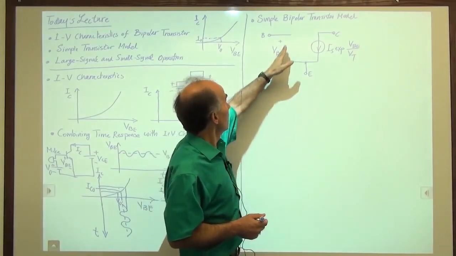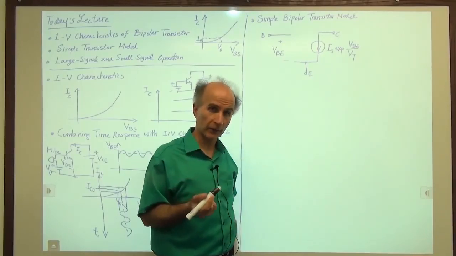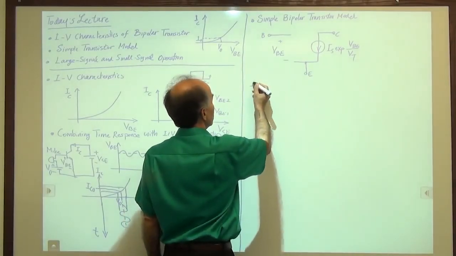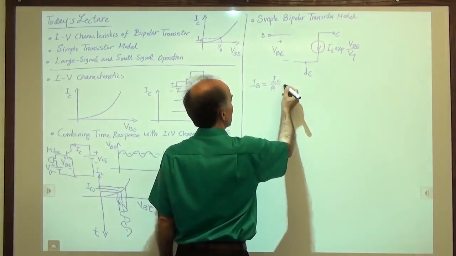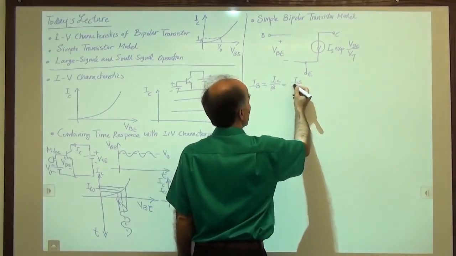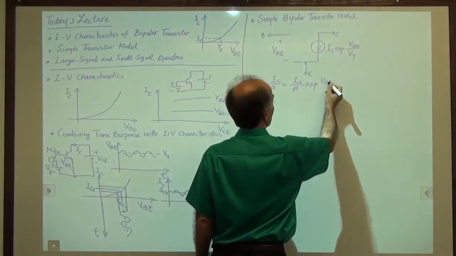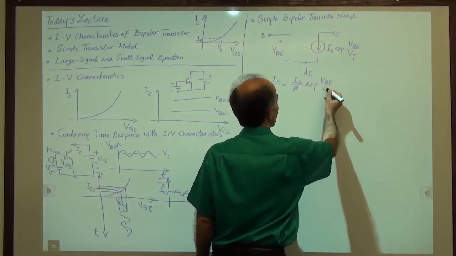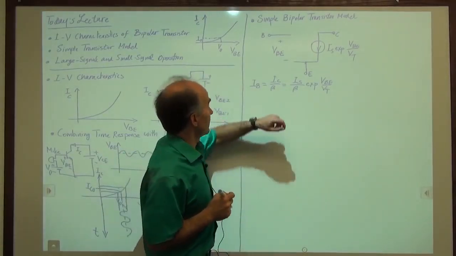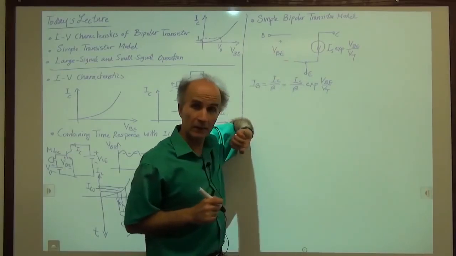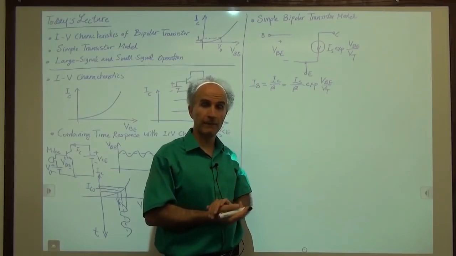All right, so how do I model the base current here? Well, remember we have an equation for the base current. We know that IB is equal to IC over beta, which is equal to IS over beta times exp of VBE over VT. This means that I am looking for some sort of device to place between here and here that draws this much current with this much voltage.